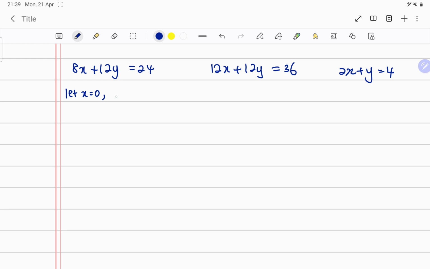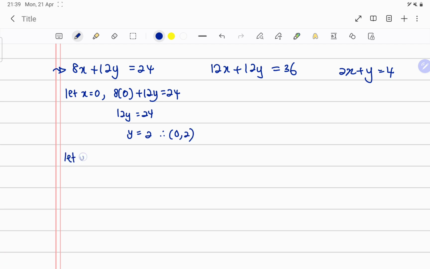So when you let x equal to 0, substitute inside this formula. So 8 multiplied by 0 plus 12y equal to 24. So you're going to use a calculator to calculate it here. So you get 12y equal to 24, right? So y is equal to 2. So here you have one coordinate, which is 0, 2.